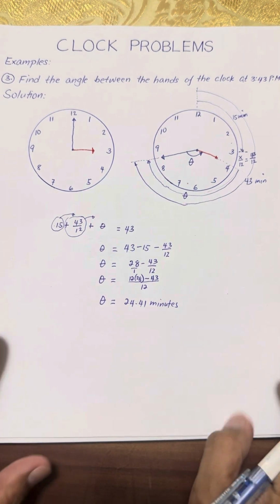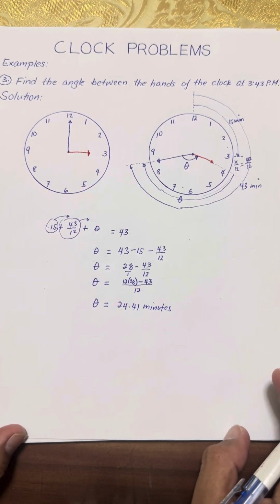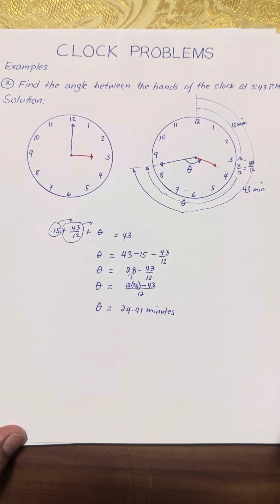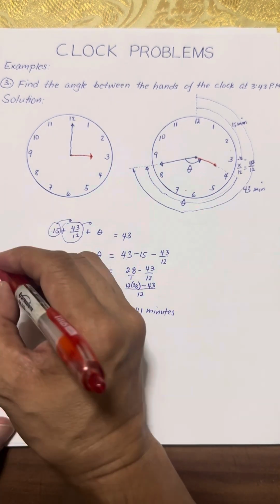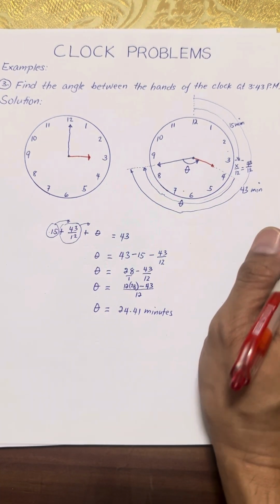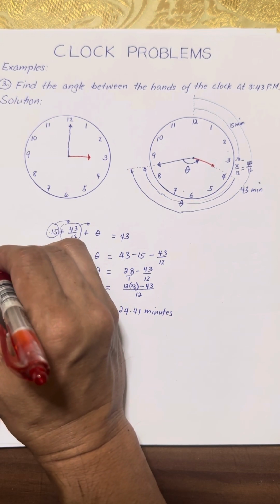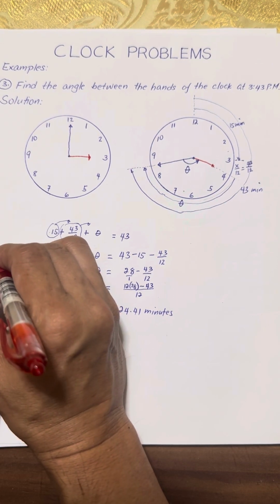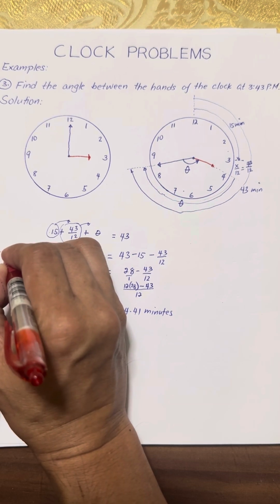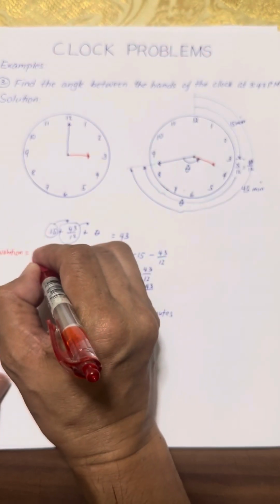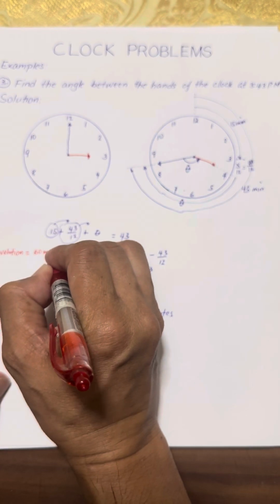Okay? So that is in minutes, but we are asked to find the angle. To find the angle, we have to use the principle that we discussed earlier, in the first or second video, that one revolution is equal to 60 minutes.